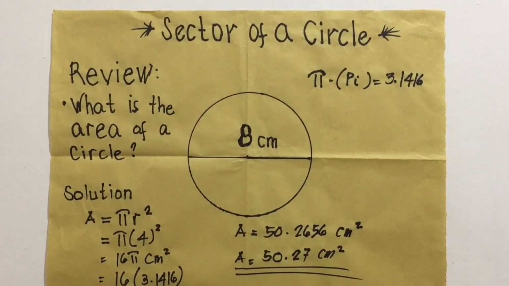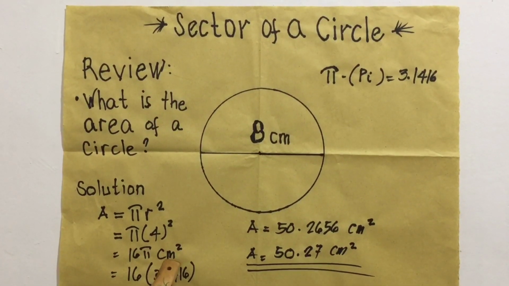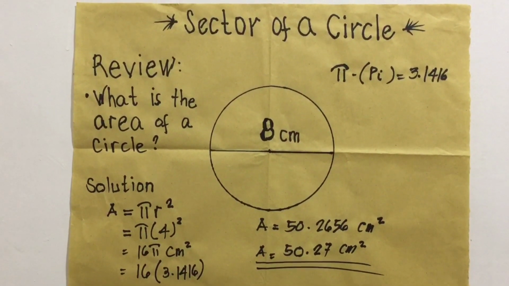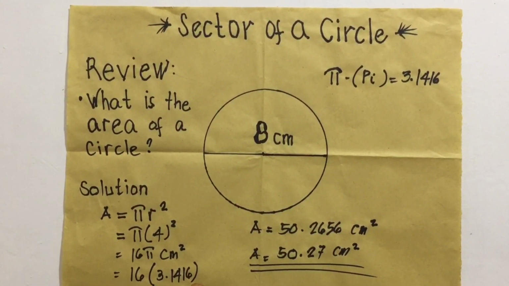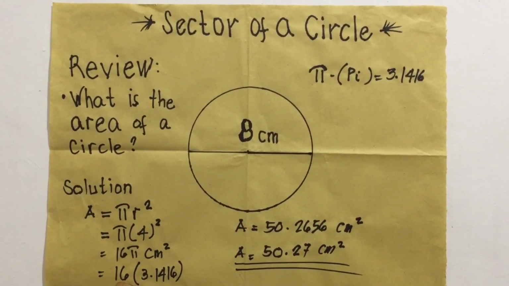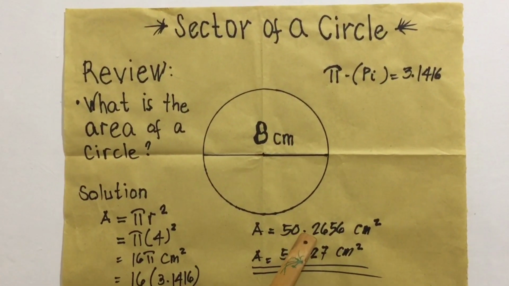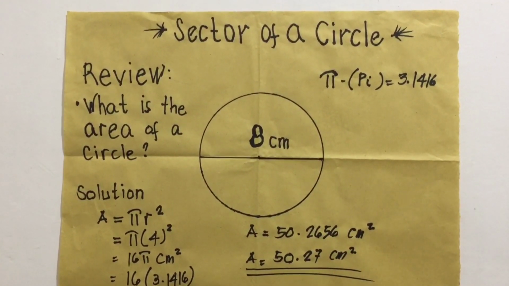There are times in a multiple choice, ito na yung sagot, 16 pi centimeter squared. But meron namang iba na kailangan pa natin ng pi, 3.1416. We're going to multiply it by 16. And the result is area equals 50.2656 squared centimeter.